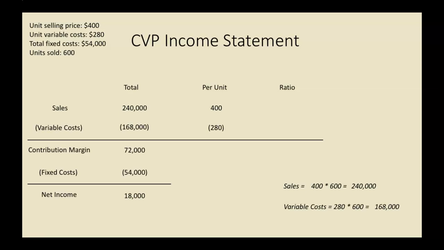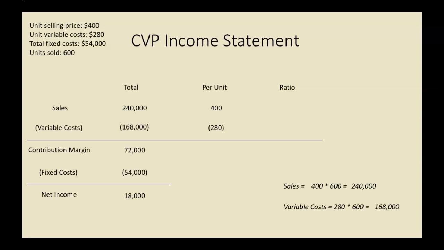So we've figured out the total column on this CVP income statement. Then we take a look at the per unit. The per unit is only going to go as far as the contribution margin. And your unit contribution margin is going to pop up later on when we're trying to figure out break-even points.